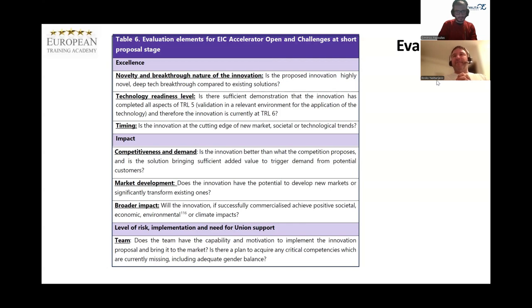Market deployment. Does the innovation have the potential to develop new markets or significantly transform existing ones? And this is the question where I think I provided you the answer: you need to convince the big ones that you found a way to work with some sufficiently reputable partner that cannot be attacked by that 1 or 2 people who had long-term experience in the industry.